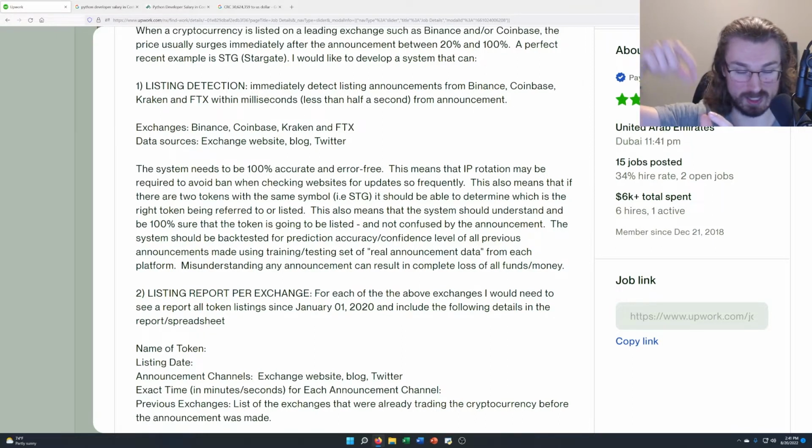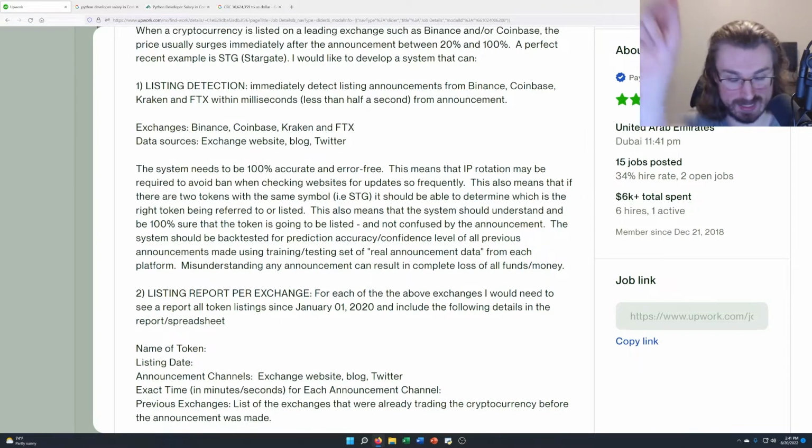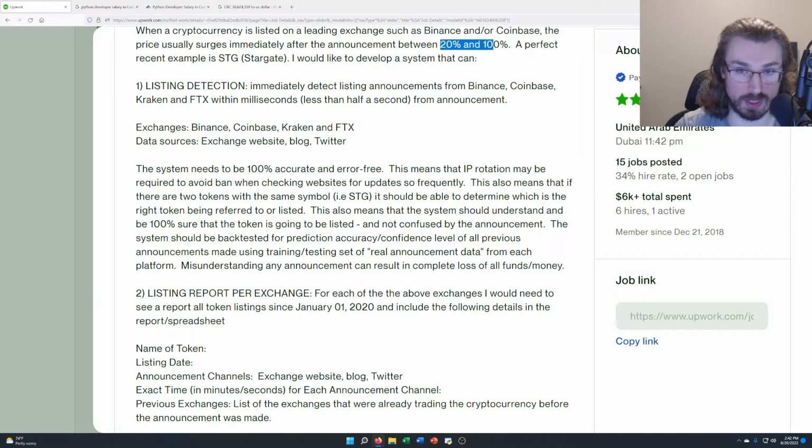So they're saying the system has to know which one it is actually talking about, because I bet this algorithm will place a bet based on whatever is this newly listed coin, which it may not be. And then it's going to invest money into this. And if it invests into the other token ticker and it's not the actual newly listed crypto asset, then you're not in on it, right? You're not seeing that huge swing from a 20% increase in value to 100%, right? So they're saying it has to know which one it actually is.